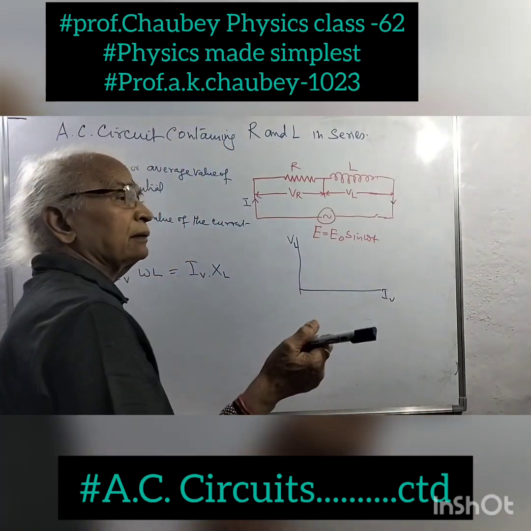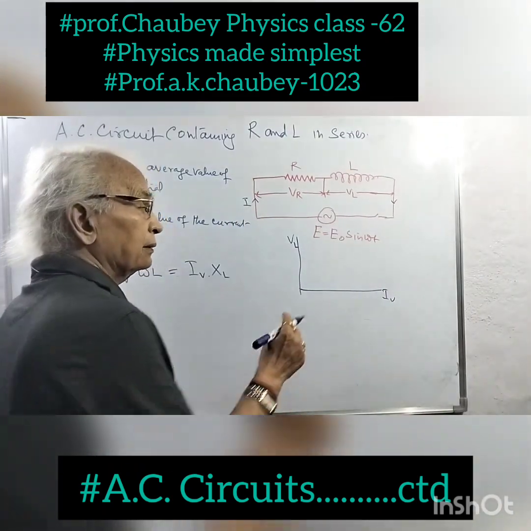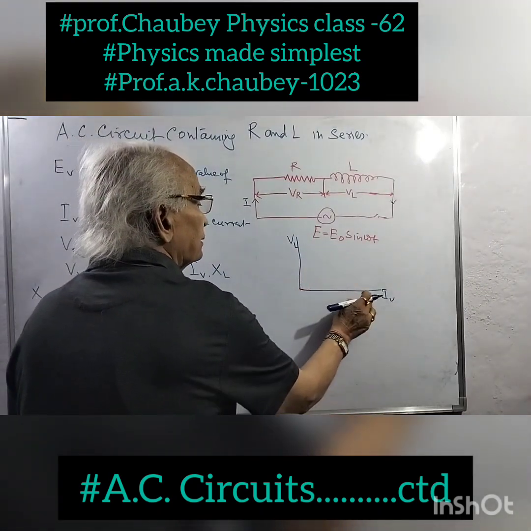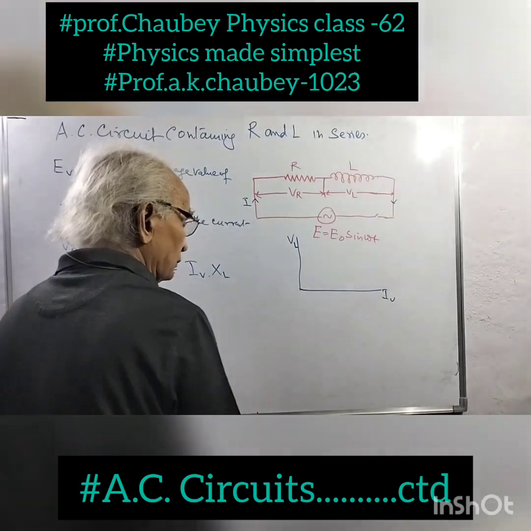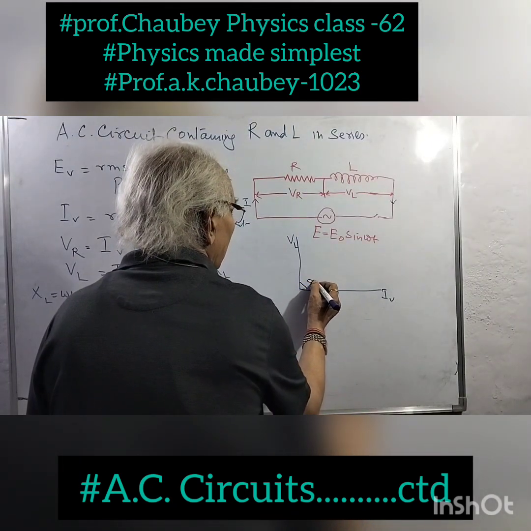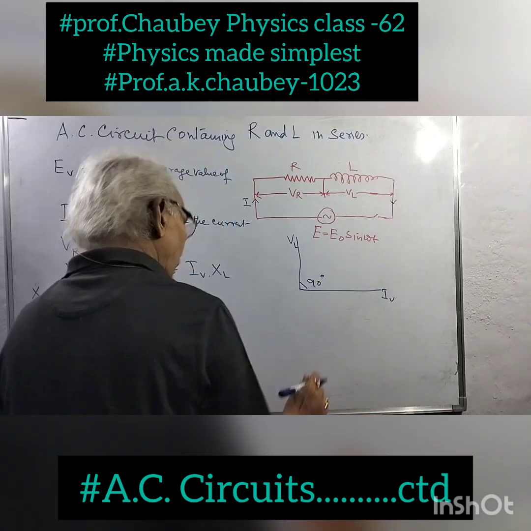So the current was lagging behind by 90 degrees. So VL is here as a vector, I is like this. So these are two representations, with a 90 degree lag of the current.